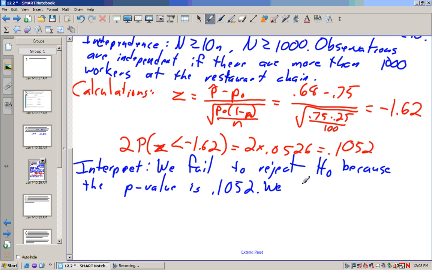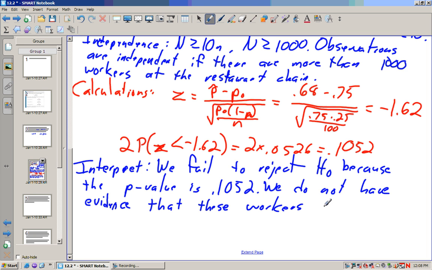So we do not have evidence that these workers have different stress levels or different attitudes towards that stress.